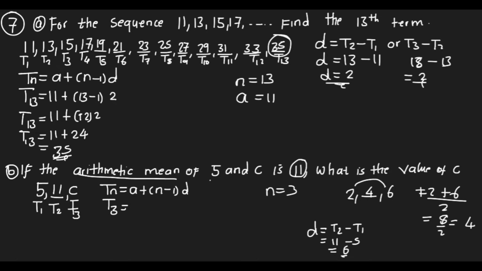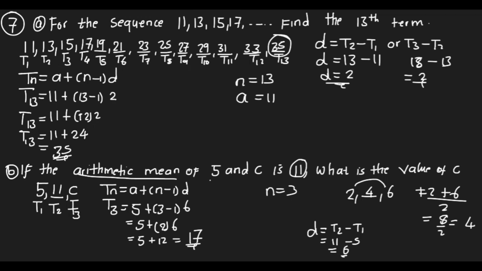Our a is our first number in our sequence, which is 5. So 5 plus 3 minus 1. Common difference is 6. 3 minus 1 is 2. If we multiply 2 times 6 will give us 12. If we add 5 plus 12 will give us 17. So we can find the value of c by using this formula.